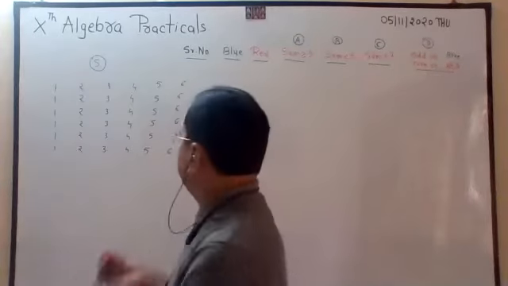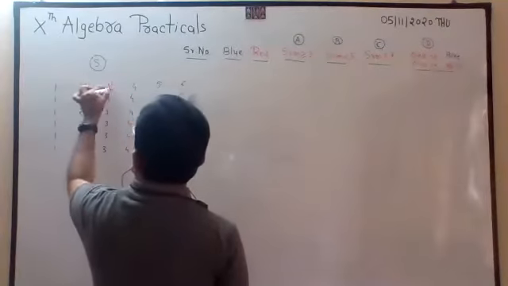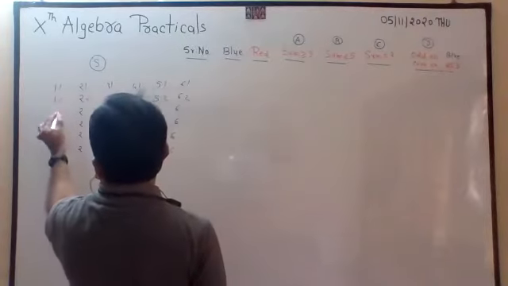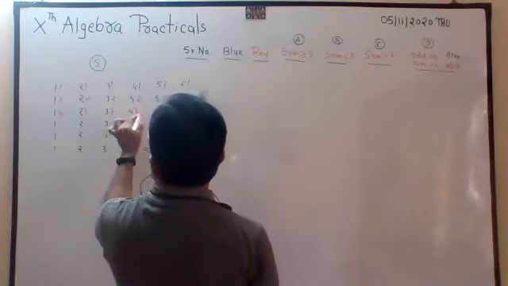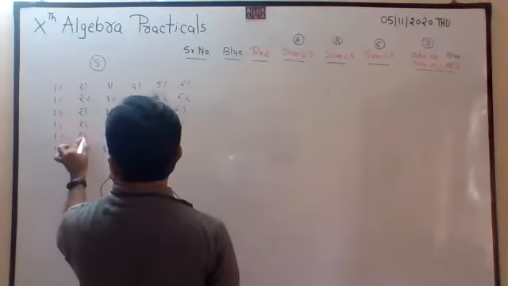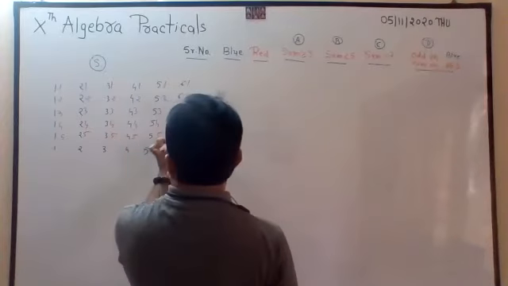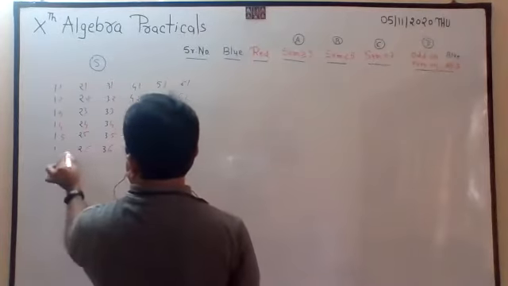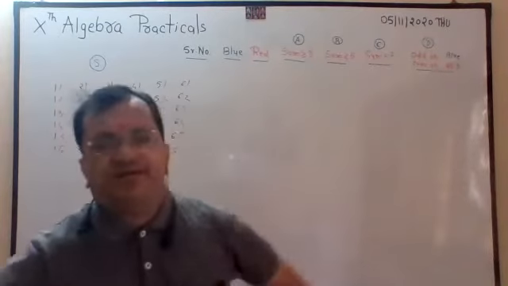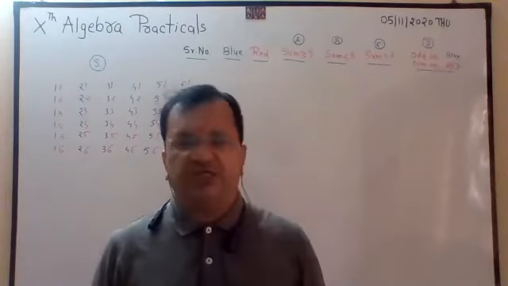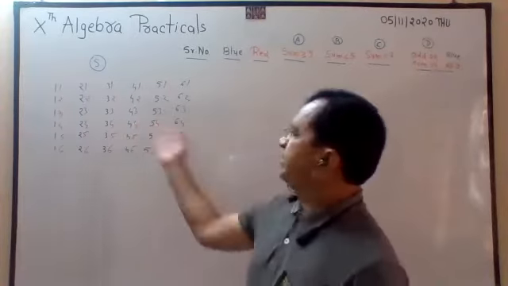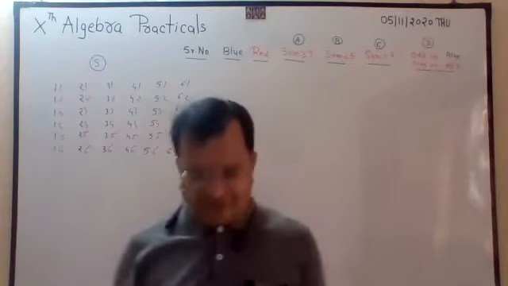You just have to fill them. They have given yellow and red. I have changed yellow to blue, so blue and red, blue and red, blue and red. That is the 36 pairs I have written.